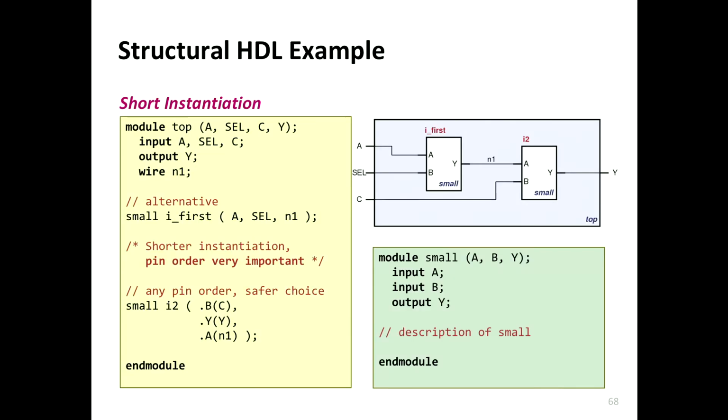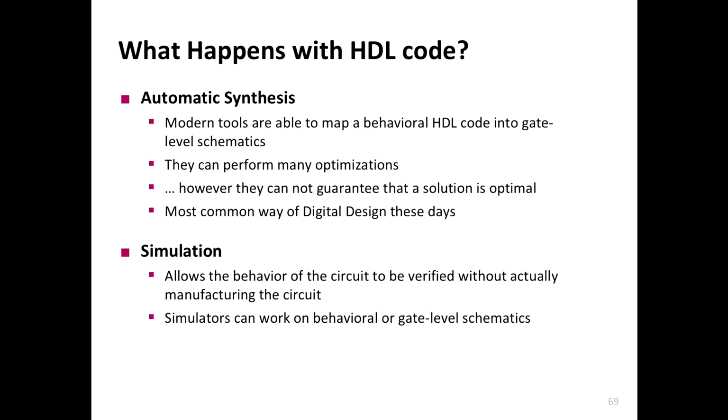So from here, how does the system know what circuitry to create? The process of converting a hardware description language into digital circuitry is called synthesis. And the tools that you are going to use for the labs will actually do it for you. As soon as you write such Verilog code and synthesize it, you end up with digital circuitry.